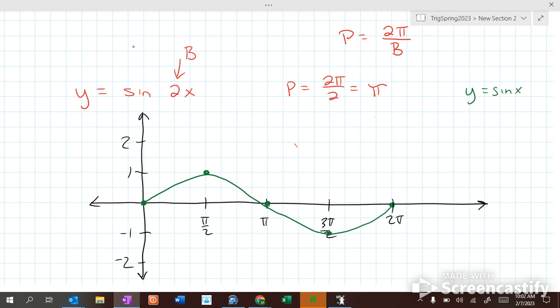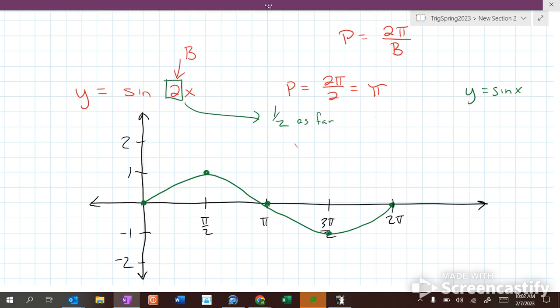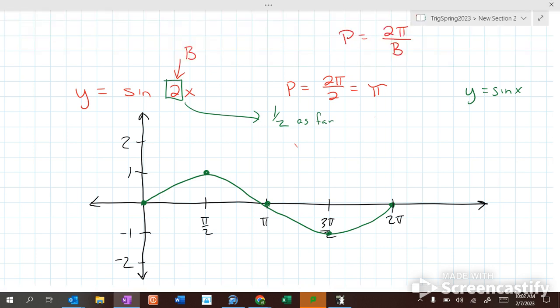So basically, what you do is you take the reciprocal of this, and that's how far you go away. So you're going to go half as far away from the origin. Well, what's half of 0? 0. So that stays in the same spot.